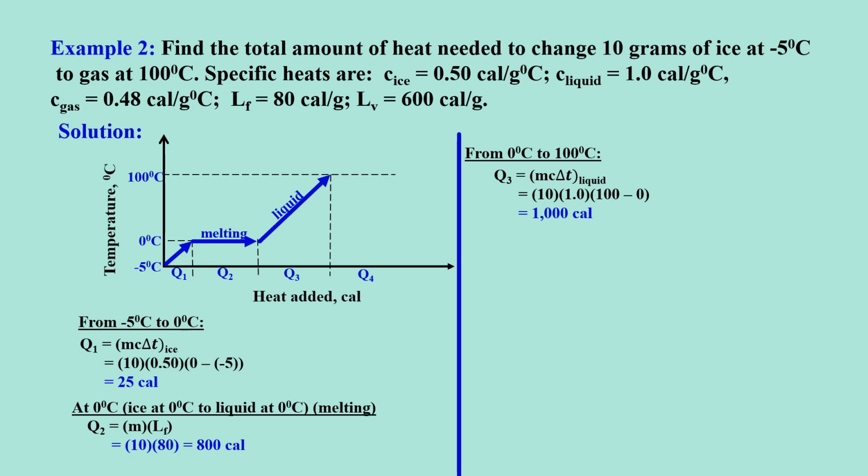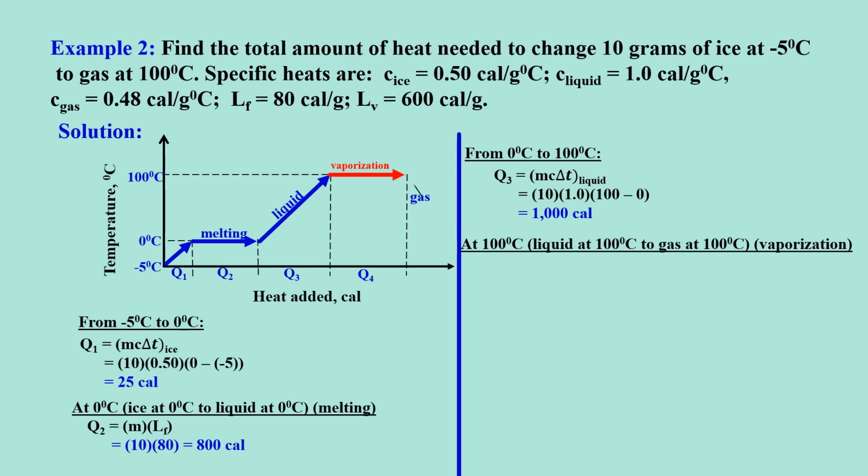Since we are required to go up to the gas state for this problem, we continue at 100 degrees Celsius. We have the evaporation process now, and we need this amount of heat Q sub 4, which is given by the formula M times L sub V. Substituting the values, we have 10 times 600 equals 6,000 calories.